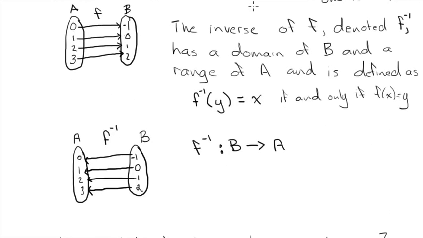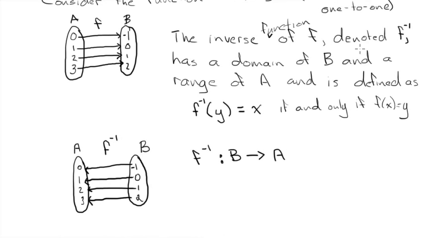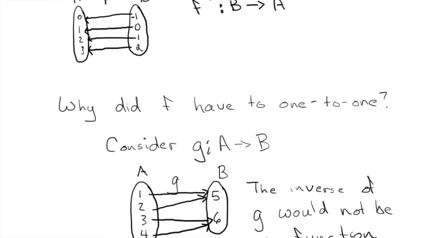Okay. So the inverse of f, maybe I should add that to the definition, the inverse function of f. So if you want to put that into your definition, f inverse has a domain of B and a range of A, and it's defined as follows. So this function definition only works for one-to-one functions.